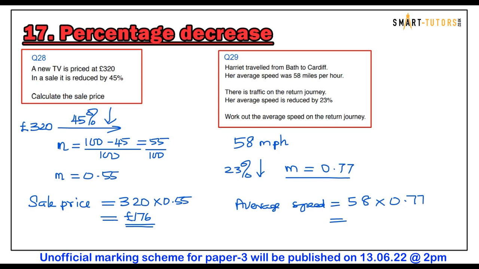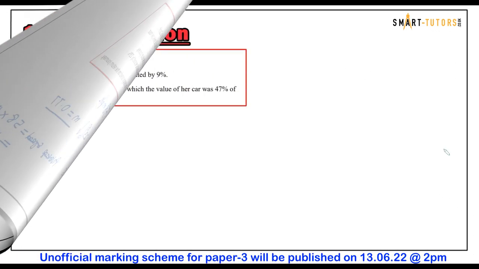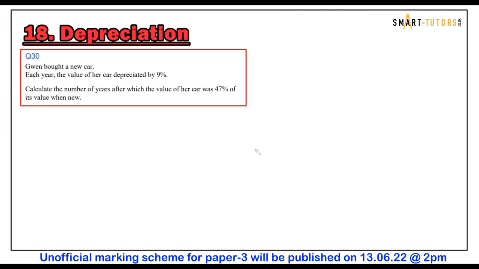So the answer is going to be a decimal answer, 44.66 miles per hour. So trying to understand what is this percentage decrease.